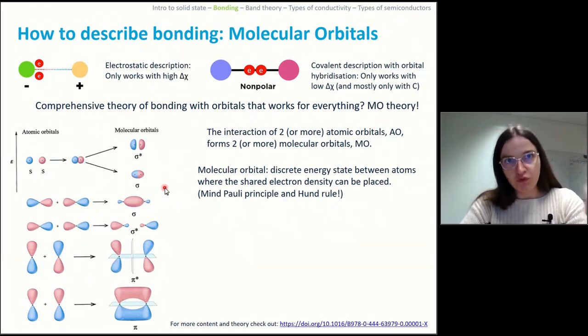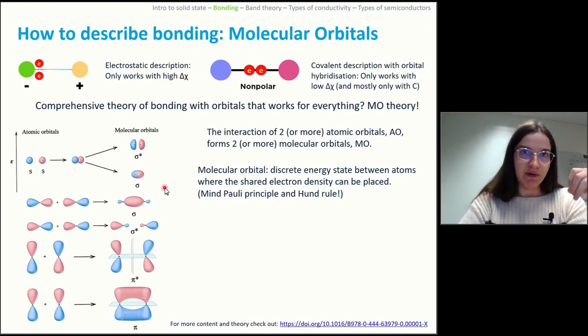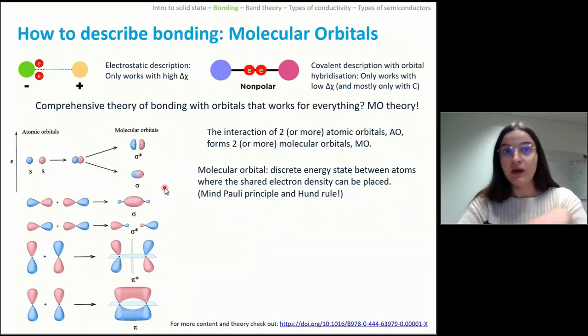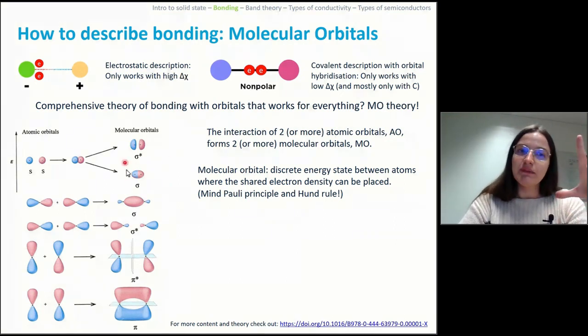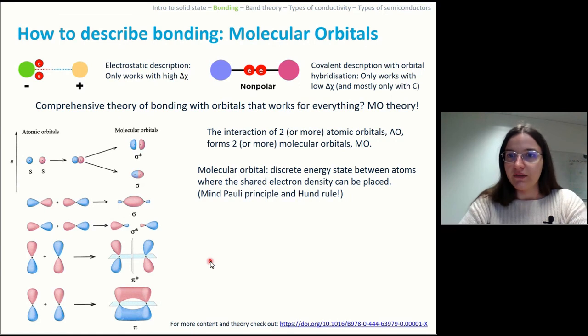All the basic rules that you learned in basic chemistry, in which you have the Pauli principle and Hund's rule, and you want to occupy as many orbitals as possible and then possibly start to pair the spins, they still stand. You just place them a bit differently, and then of course depending on the shape of your atomic orbitals, you end up having different shapes of this shared electron density molecular orbital arrangement.